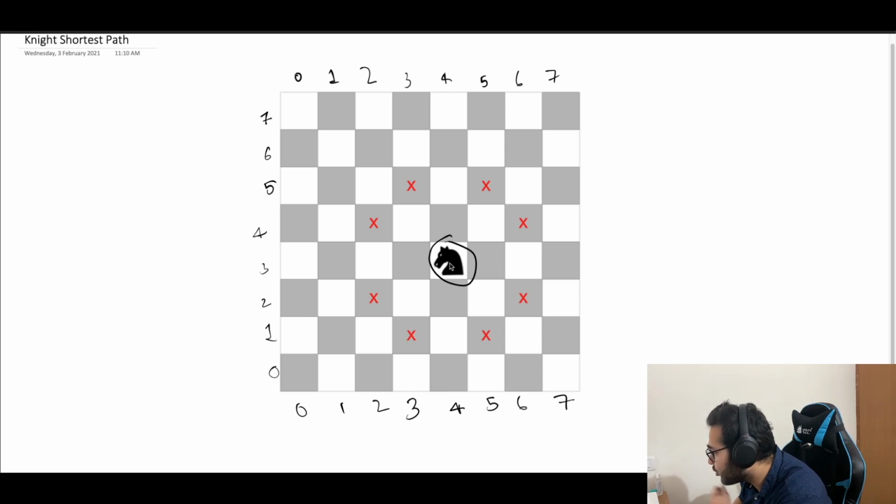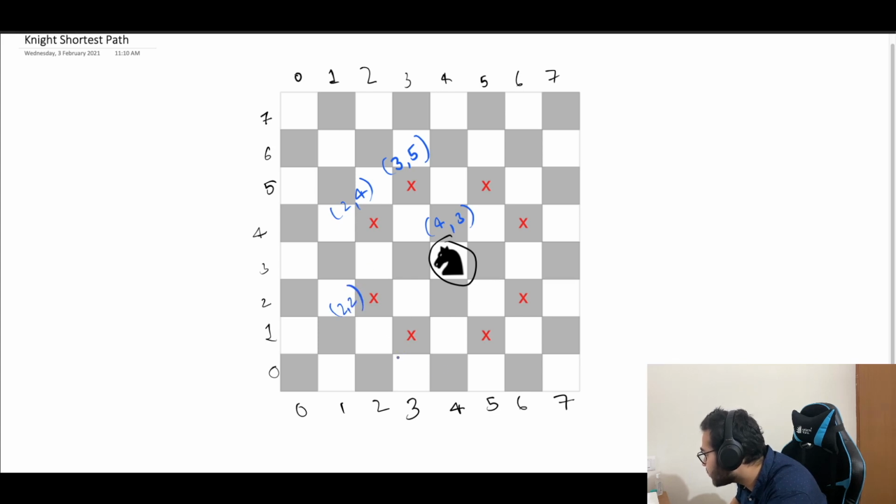So our knight is located right now at 4 comma 3. Let's see what all places it can go. This is 3 comma 5. This is 2 comma 4. This is 2 comma 2.